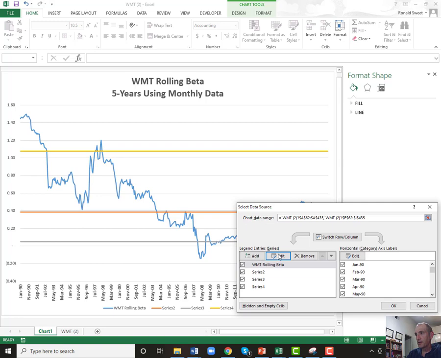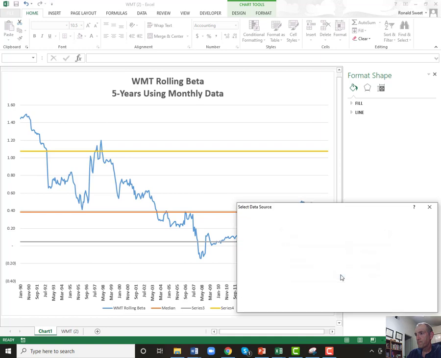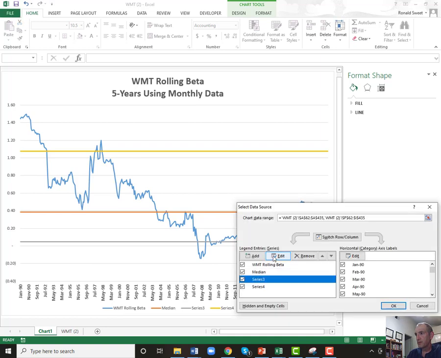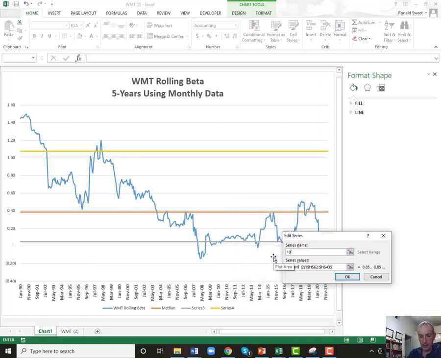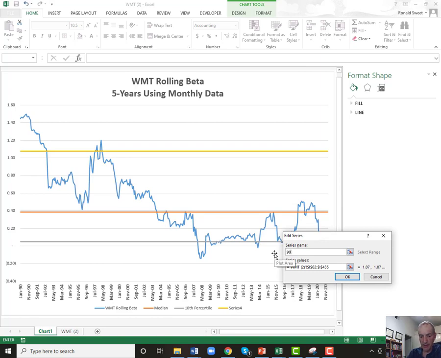The second one is the median. The next one is the 10th percentile. The last one is the 90th percentile.